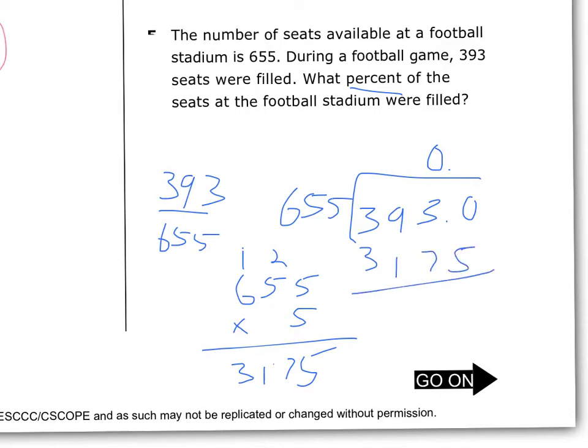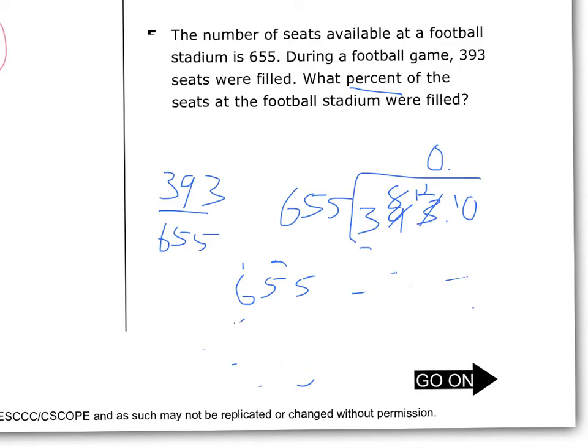When we subtract, we get 655. So did we go high enough? We didn't go high enough, so we've got to try 6 now instead of 5. 655 times 6. Let's see what that gives us.